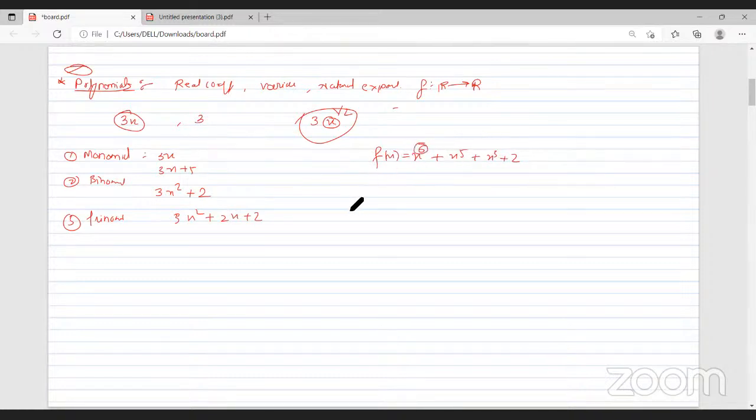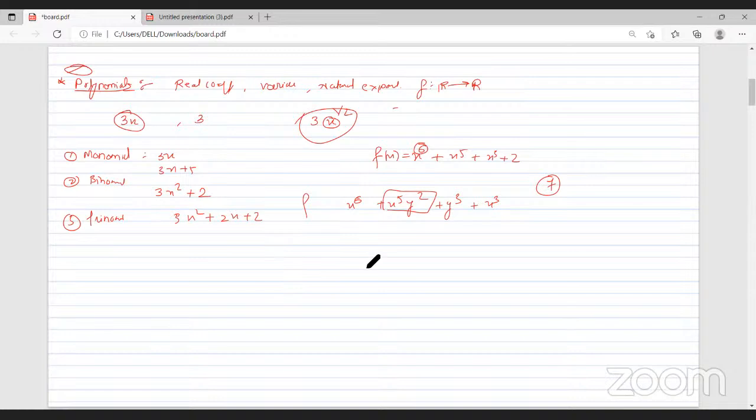And here it is 7, because we have to see the highest degree, 5 plus 2, that is 7. So the degree of this polynomial is 7, right?